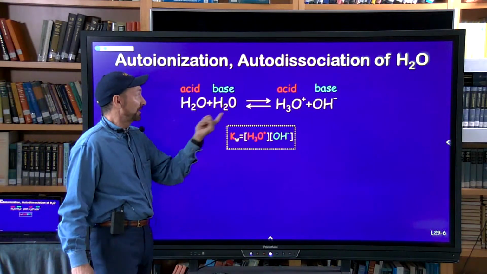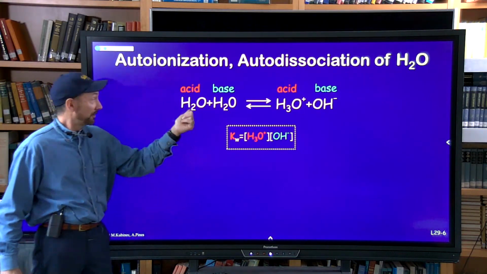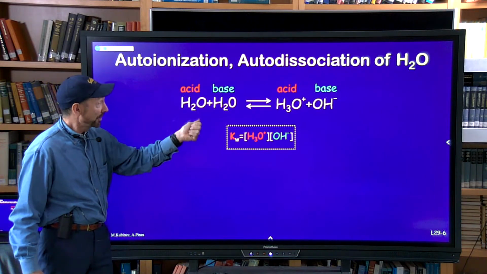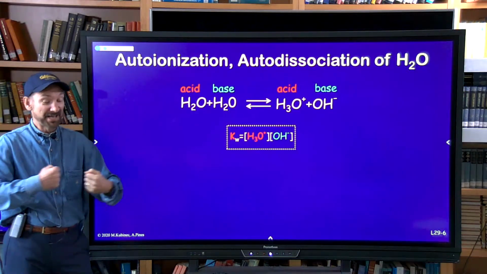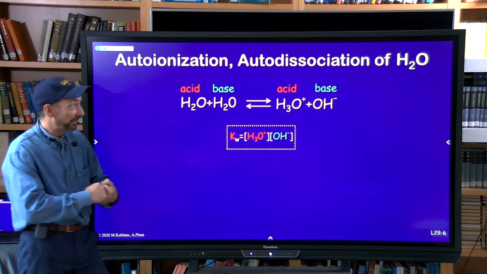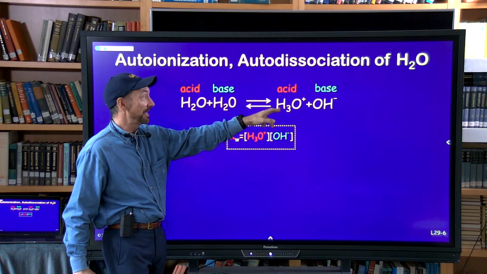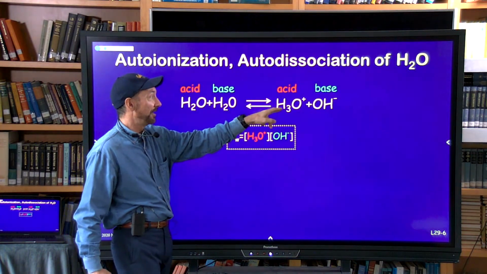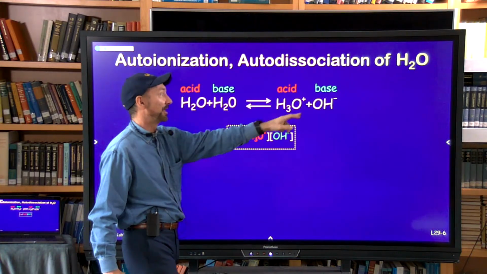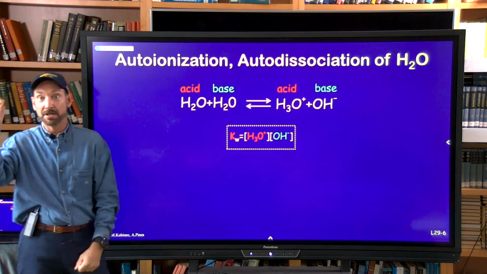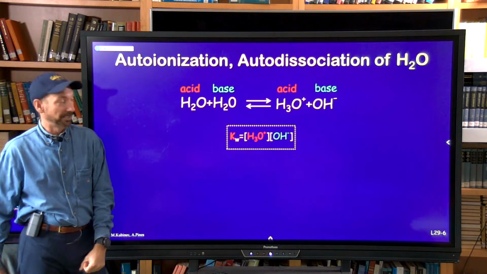Interestingly, water, as we saw in our review there, can act as an acid or a base. So in solution, that can happen as water bumps into water. Sometimes you'll get one of the protons exchanging. So you'll end up with an H₃O plus and an OH minus because a proton exchanged between two water molecules.